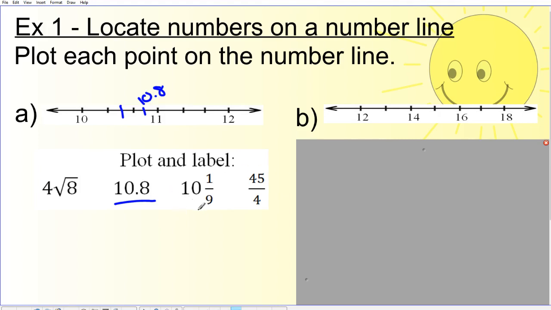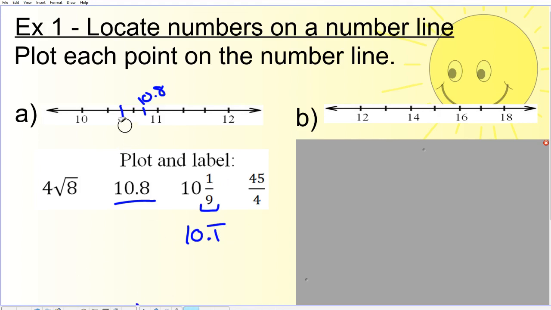Now, let's see these other guys. Got 10 and 1/9 and 45 fourths. Well, 10 and 1/9. We learned this in one of the previous lessons, that since this is a denominator of just 9, we're just going to have the same number up top repeated over and over and over again. So this would be 10.1111111 repeated.